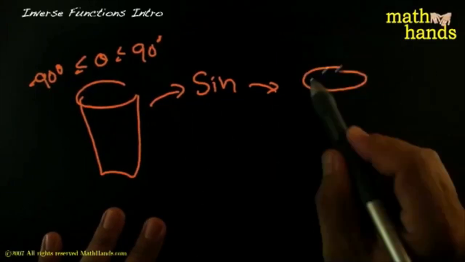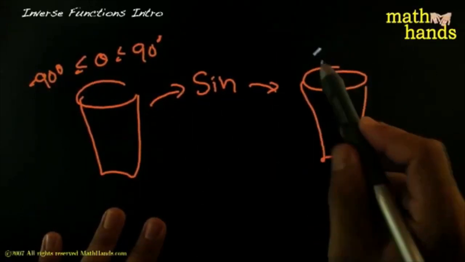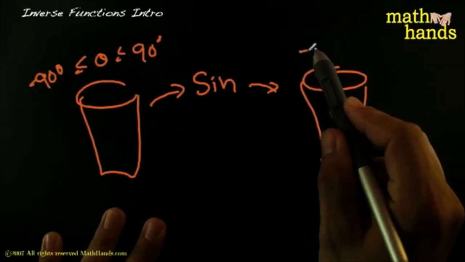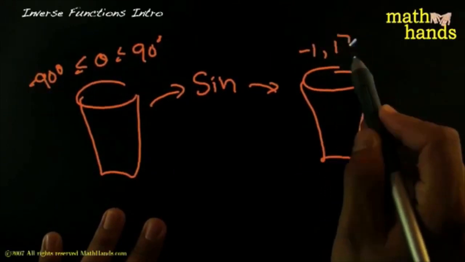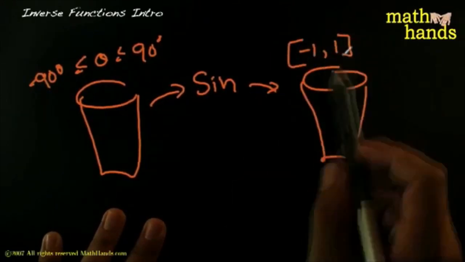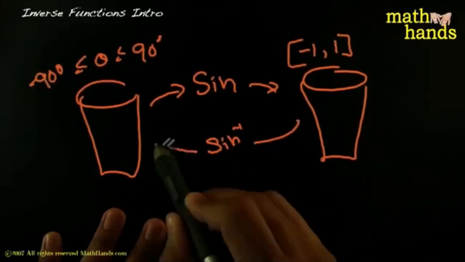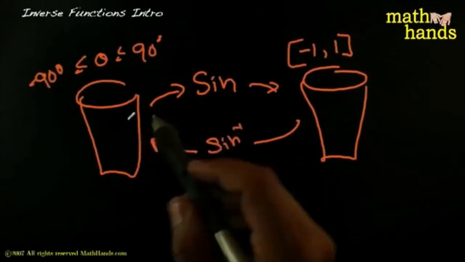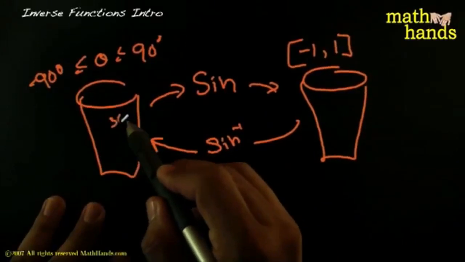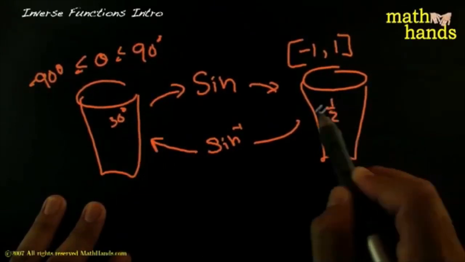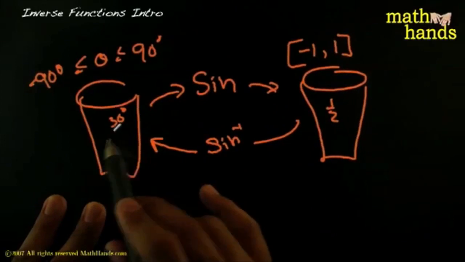And its codomain will be ratios that are between -1 and 1. Maybe we use interval notation. This way, the sine inverse function has no problems choosing the right angle. And so, for example, if you go to 30 degrees, you take the ratio, it's 1/2. You take the sine inverse function, and it, of course, is 30.